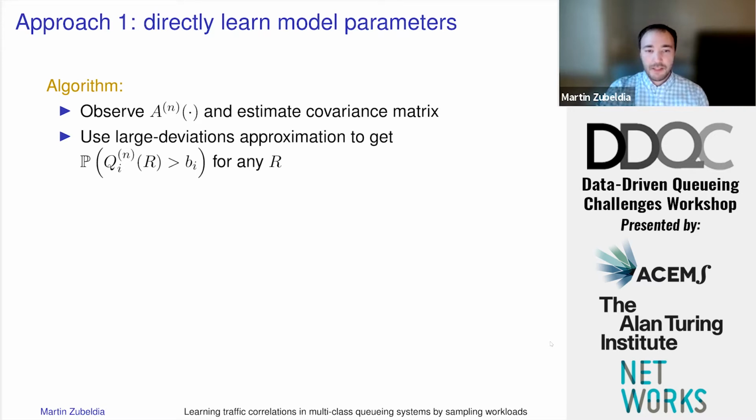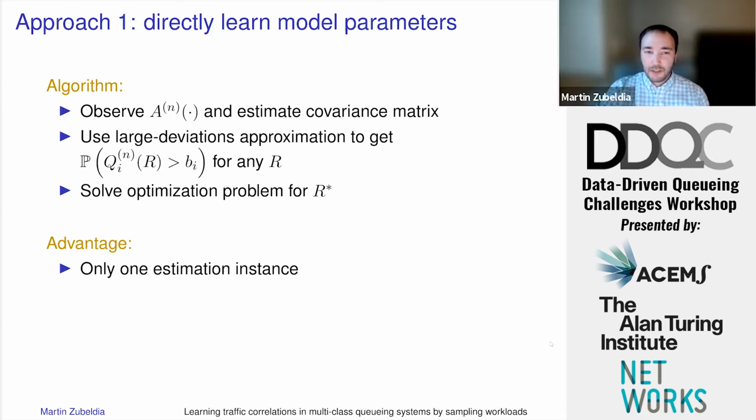So this is going to be a pretty good approximation, a large deviations. And then we have this as a function of R, of any routing matrix. We could just solve the optimization problem for R directly.